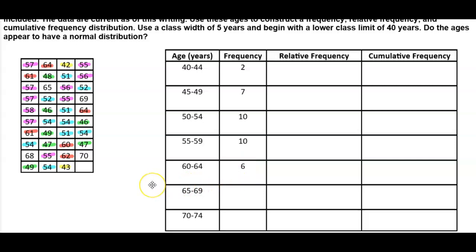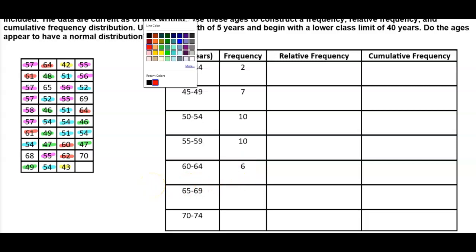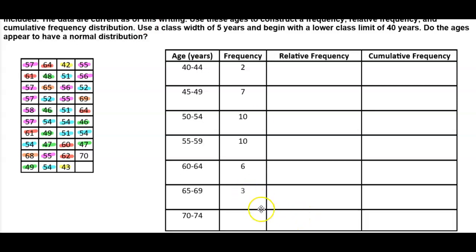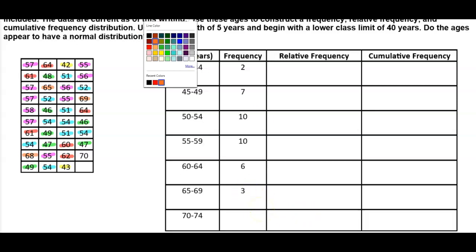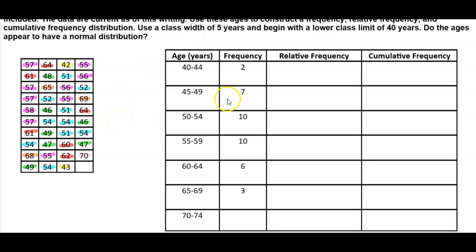So we have 6. Okay, let's take a look at 65 to 69. We have 1, 2, and then 3. So there's 3. And then the last one is between 70 and 74, and it looks like we have one of them, so there's 1.